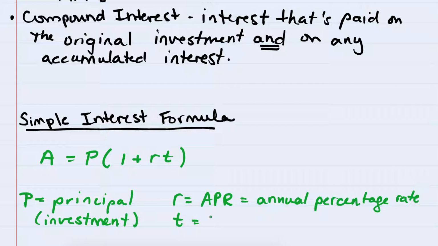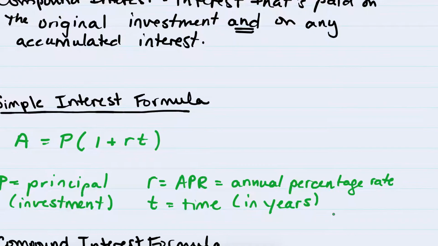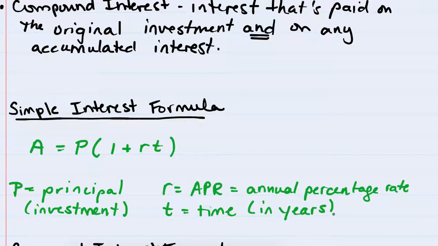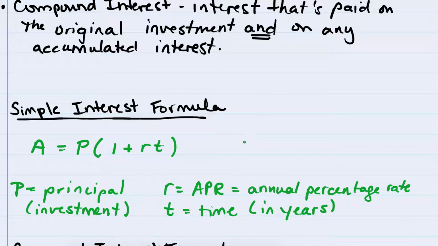T is going to be time, and this is always going to be measured in years. If it's not given to you in years, you're going to have to convert it to years. And then the last letter is this A, which is going to be your accumulated balance.